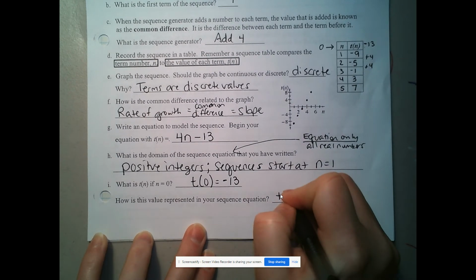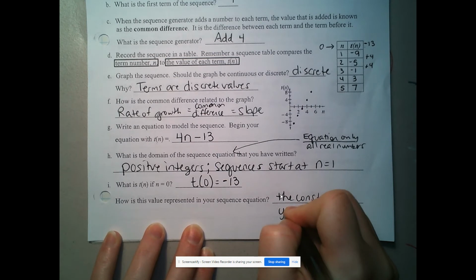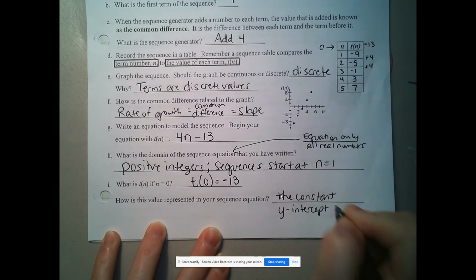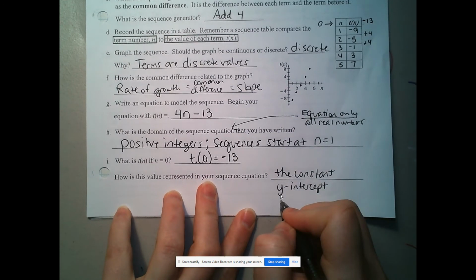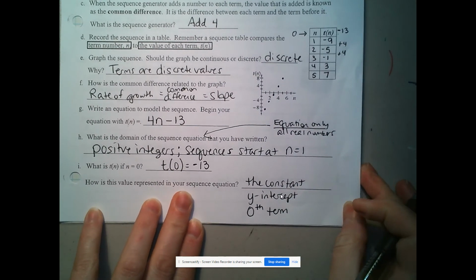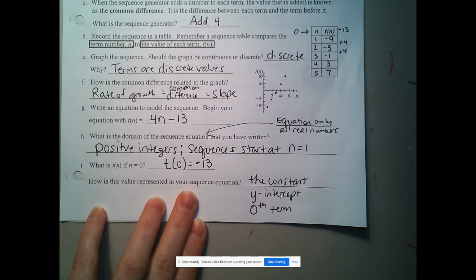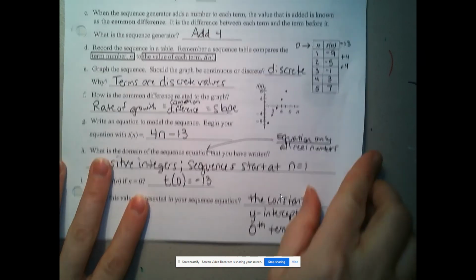We can say it's the constant. We can also say it is the y-intercept. Or you can say the 0th term. So if we went back 1 and went to an input of 0, the output would be negative 13.